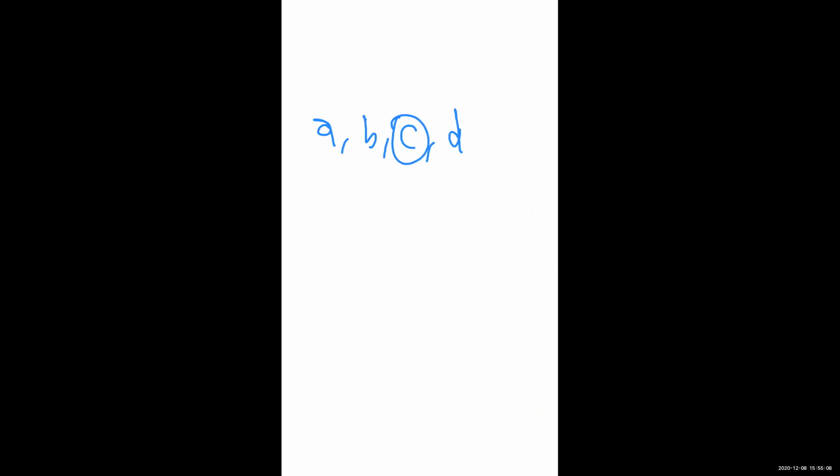So C is called the third proportional. Next question: if the quantities A, B, C and D are proportional, then A over B equals C over D. Then question 3: the fourth proportional of the numbers 4, 12 and 16.